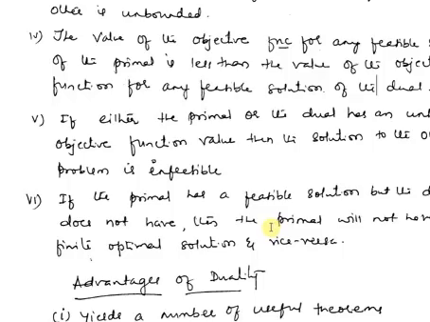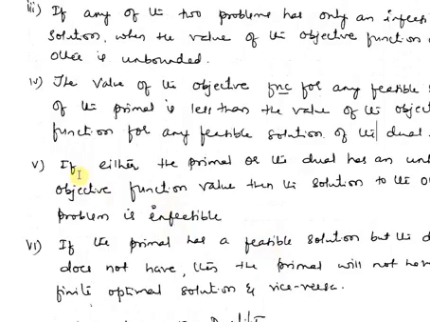Fifth characteristic: if either the primal or the dual has an unbounded objective function value, then the other problem is infeasible.